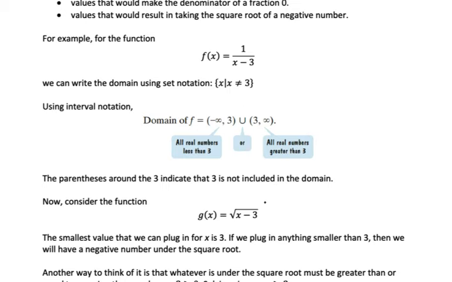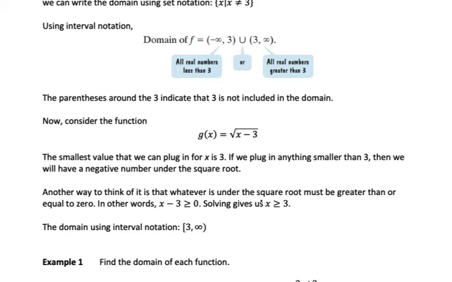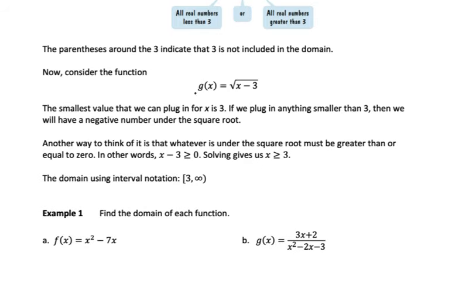So now we're going to look at a problem with a square root. If we consider the function g of x equals square root of x minus 3, the smallest value that we can plug in for x is 3. If we plug in 3 for x, we have 3 minus 3, which is 0, and the square root of 0 is 0.